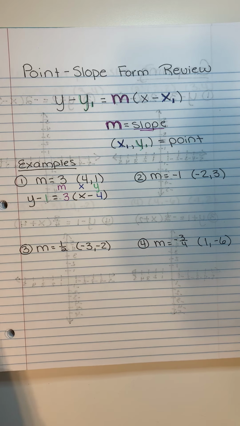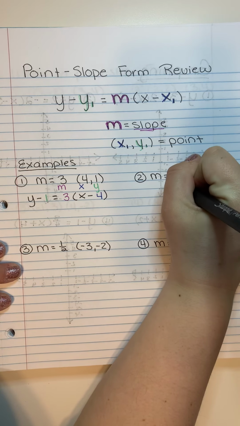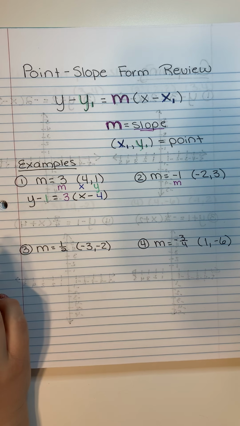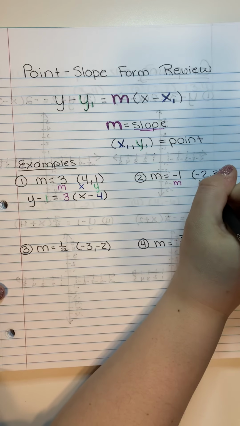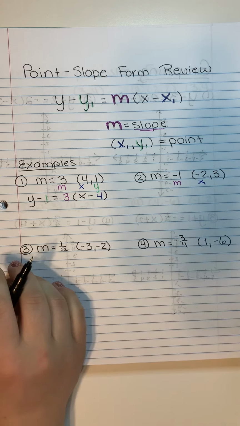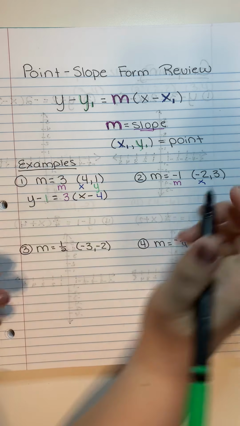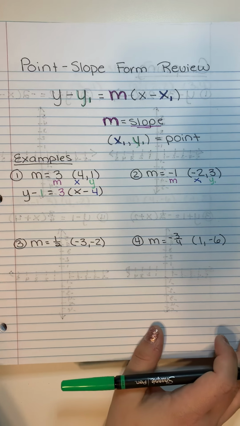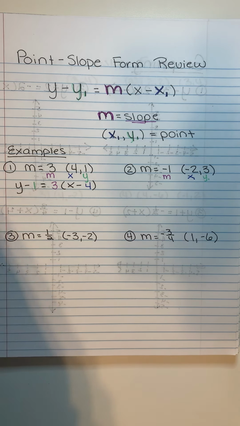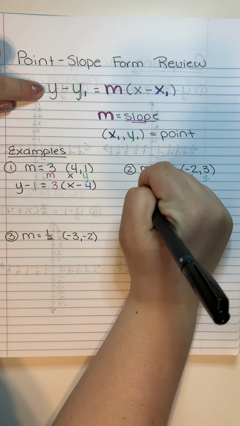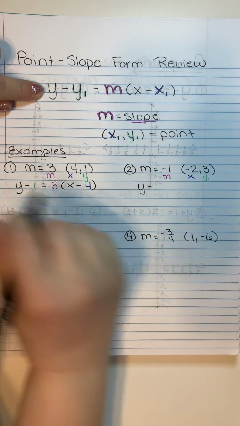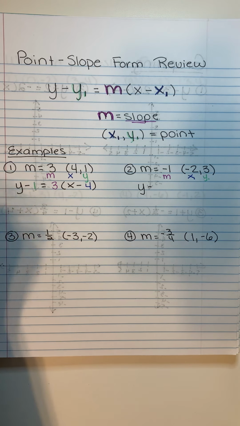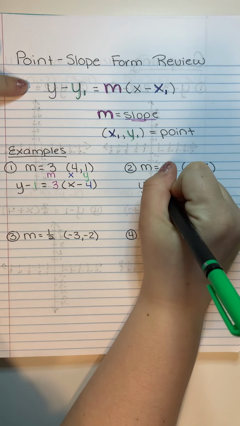Let's look at the next one. We know that our m is -1, our x1 is going to be -2, and our y1 is going to be 3. So we're going to start off writing this down. We have y minus our y1, which is 3.